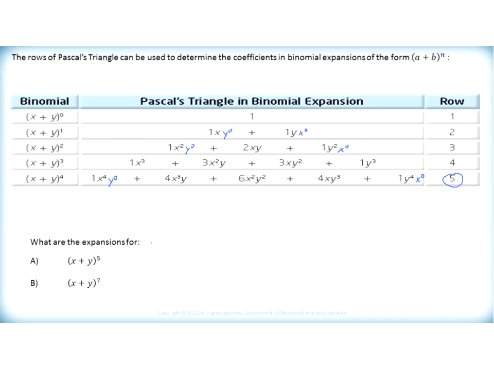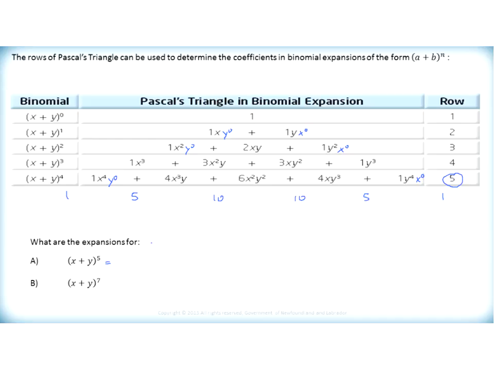So if I want to expand x plus y to the power of 5, you should recognize now that it is going to be the next row in Pascal's triangle. So the coefficients will be 1, 5, 10, 10, 5, and 1.